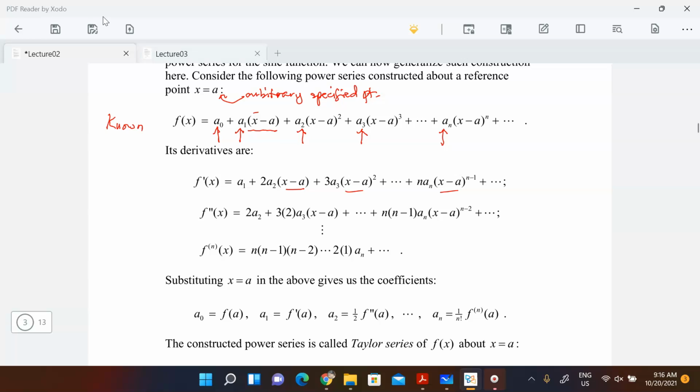Just like your sine x previously, you know what sine x is, and you can use a table or a calculator to find out the value of sine x at a particular point. So the assumption here is you know what this function is, but you do not know the power series. Once you substitute x equals a, all these powers drop off, and you'll be able to determine your coefficients.